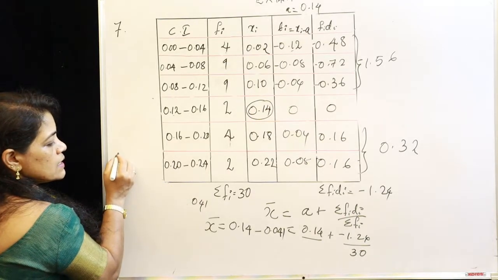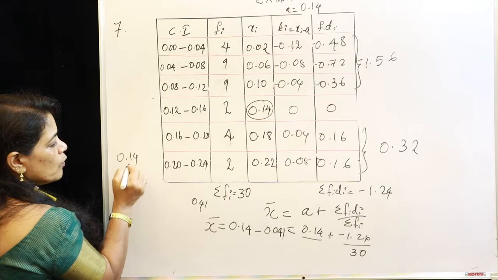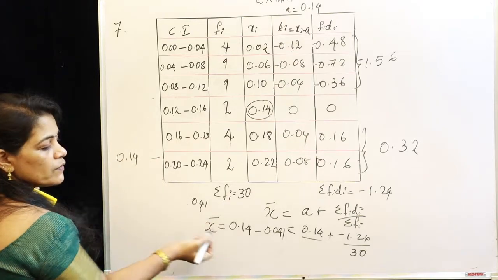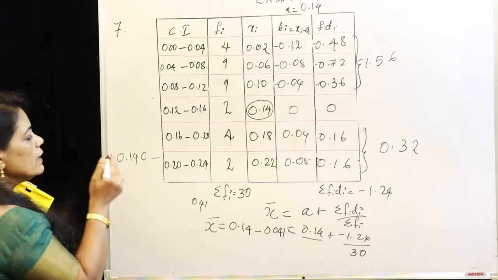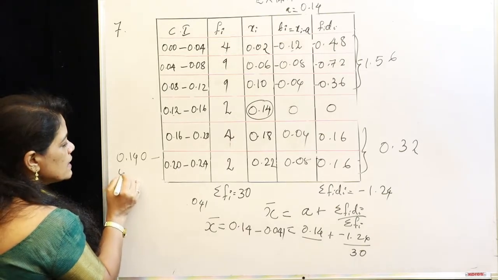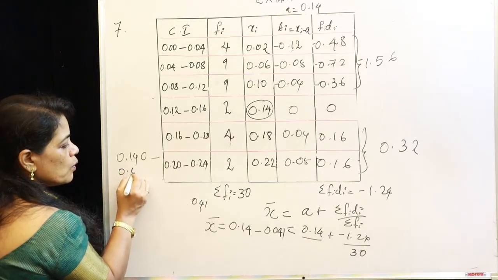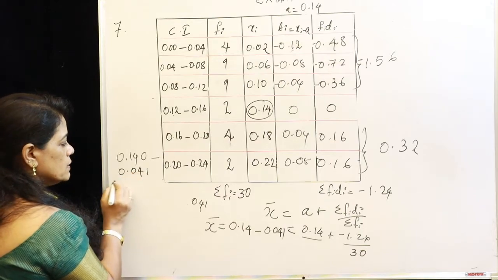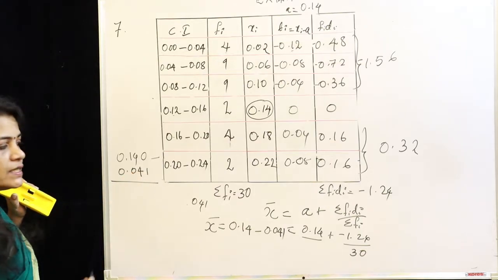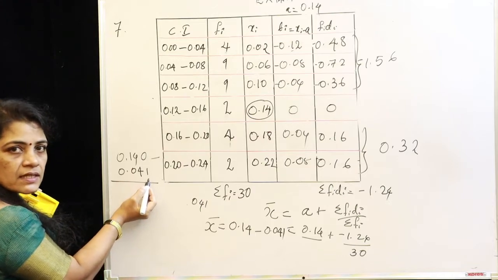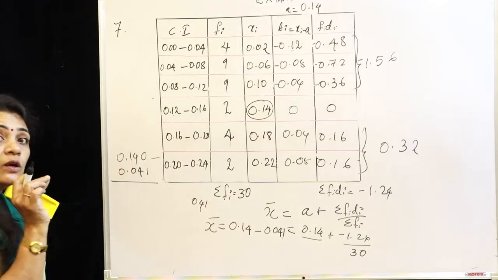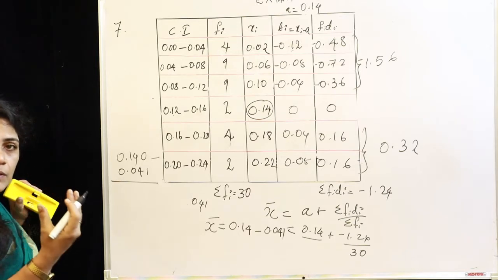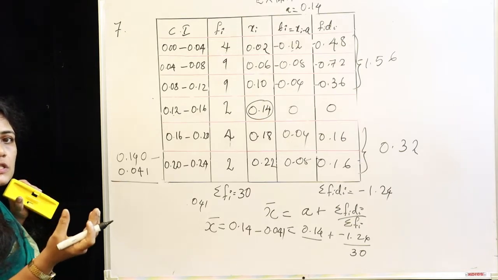Okay, that is 0.14 minus 0.041. Since we have 3 decimal places, it would be better to put 0 in the first number. Clear? Since we have 3 decimal places in the second number, it would be better to include 3 decimal places by writing sufficient zeros.